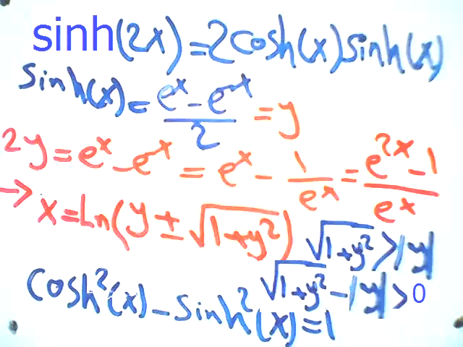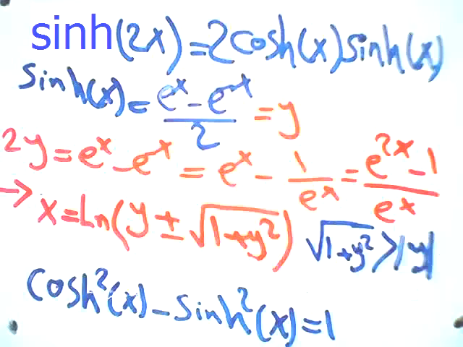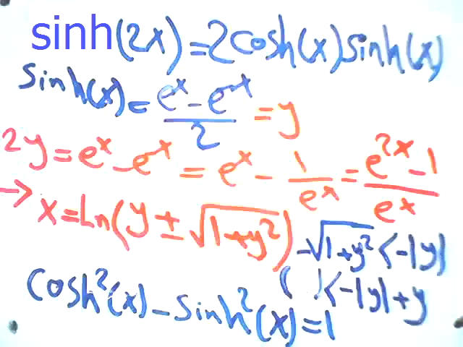What about if we got negative inside the parentheses? Minus inside the parentheses: y minus the square root. In that case, let's multiply both sides of the inequality by -1, and then adding y to both sides makes the left side, inside the parentheses for the minus case, smaller than minus the absolute value of y plus y.